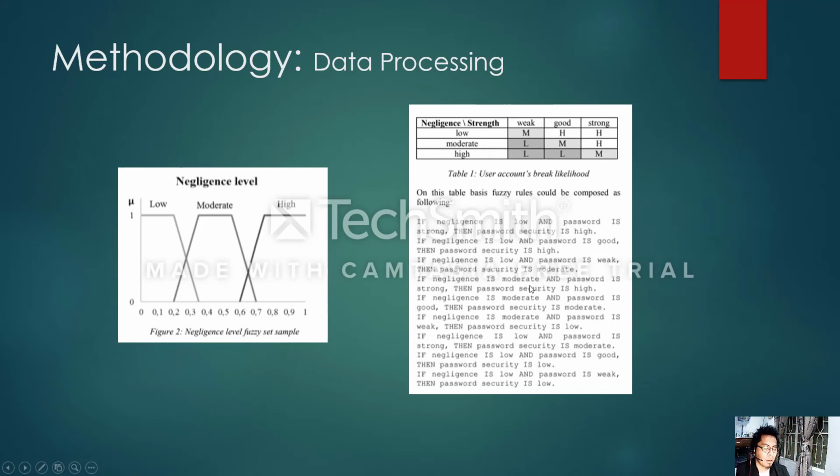From this table or representation, they were able to defuzzify, or remove the gaps or impreciseness in the input variables that they have. Technically they considered both factors, the negligence and the password strength, to come up with a decision-based output, which is supported as well by facts and a representation of all the data.